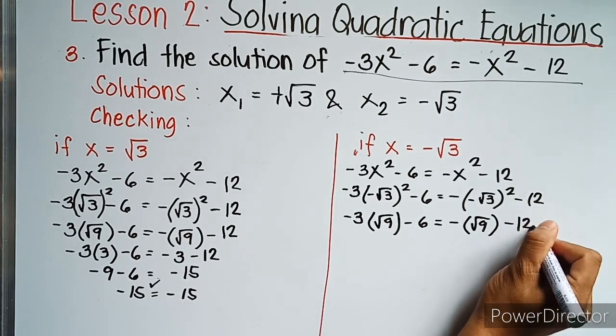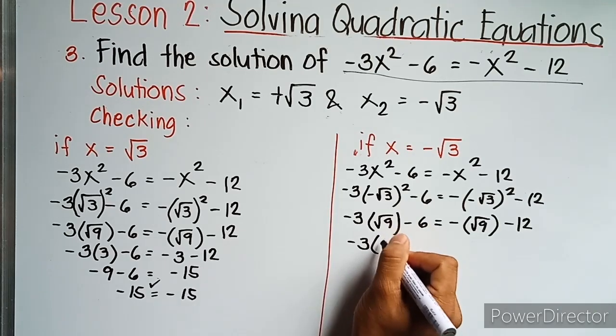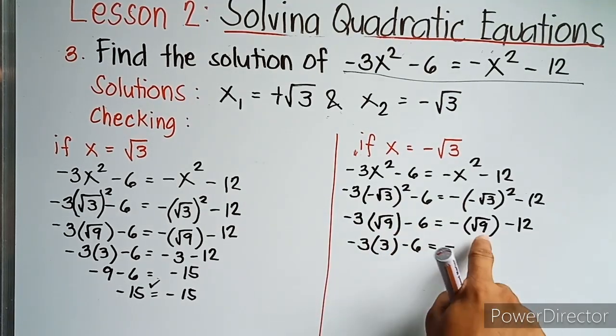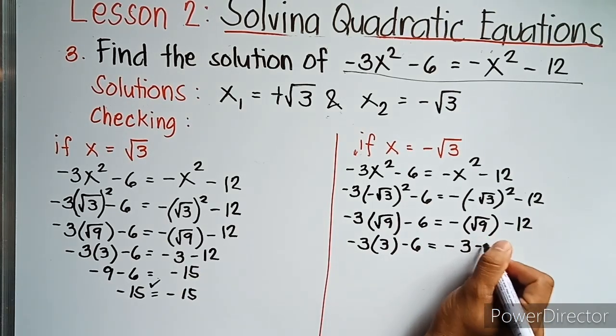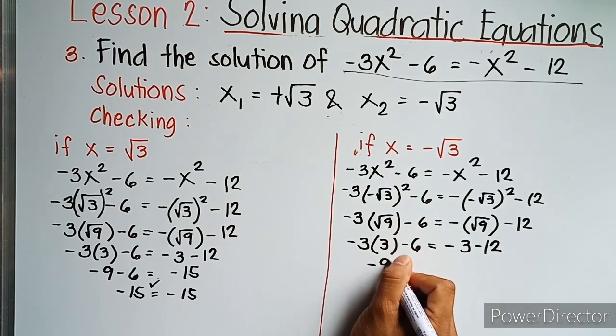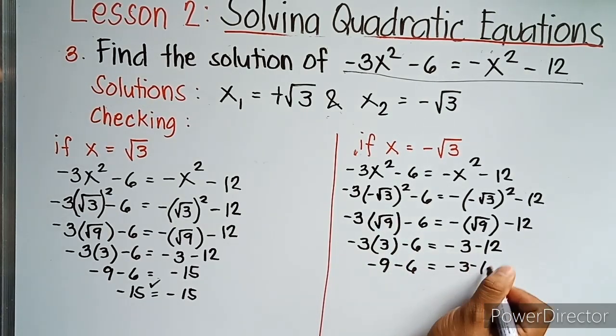minus 12. So we have negative 3, square root of 9 is 3, minus 6 equals negative square root of 9 is 3 minus 12. So we have negative 3 times 3 is negative 9 minus 6 equals negative 3 minus 12.